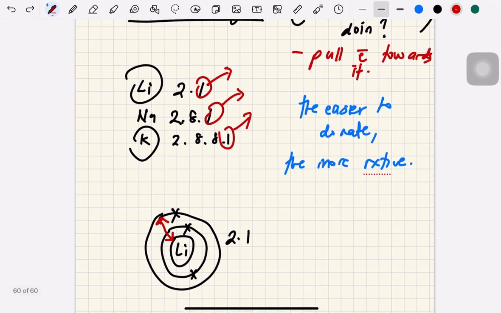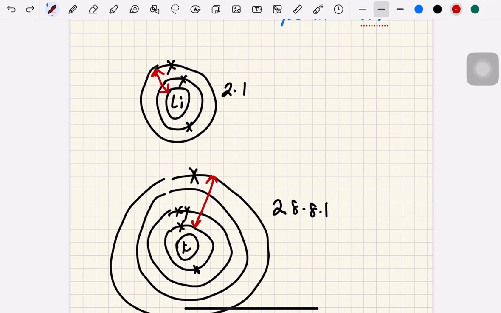Okay, so the nucleus is in the middle. Here is our boy, the nucleus. So now tell me, which one is easier to pull, lithium or potassium's nucleus? Which one is easier to pull? Which one doesn't have to work as hard? Lithium, right? Because the distance is shorter, much shorter.